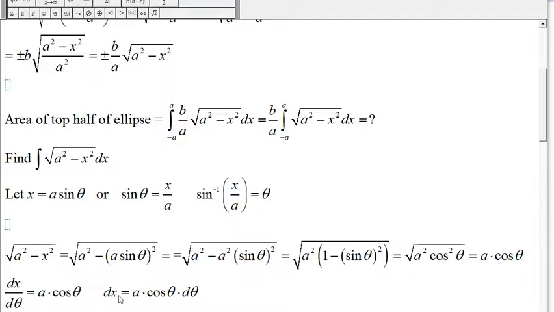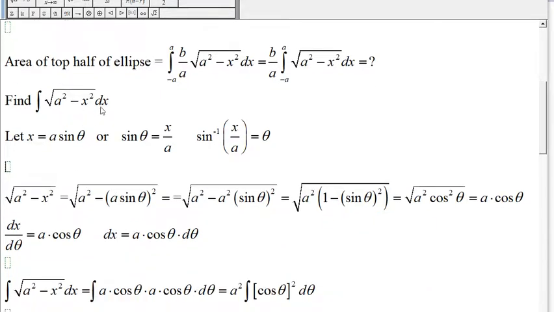From here we have dx is equal to a cosine of theta times d theta. So far we have the square root of a squared minus x squared is a cosine of theta, and dx is a cosine of theta d theta.